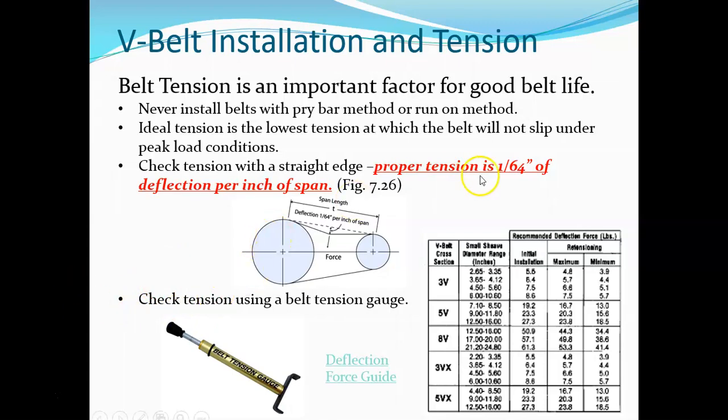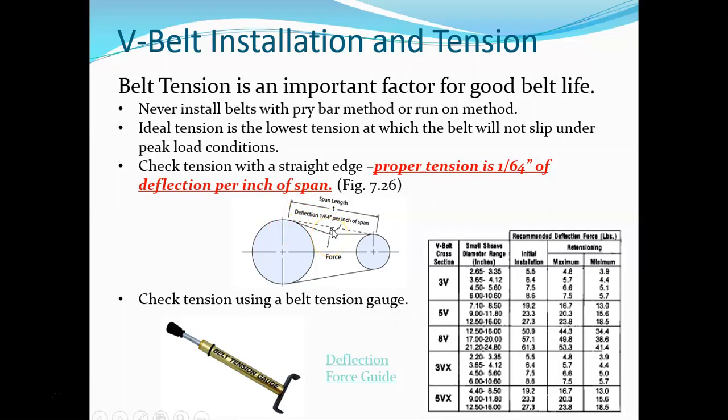So for the proper belt tension, you're going to use the straight edge method, and you'd use the belt tensioner guide at the bottom. You've got your larger sheave and smaller sheave. You lay your straight edge, which is represented by the dotted line, and then you press force down onto the belt.